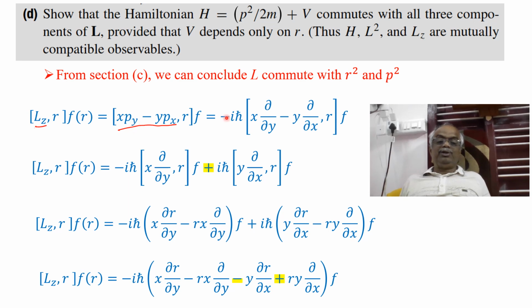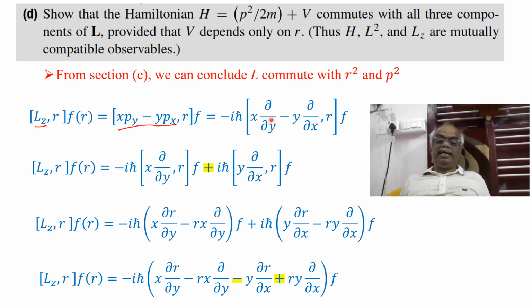Py is equal to minus iℏ delta over delta y, and Px is also minus iℏ delta over delta x. I have replaced them by their operators.